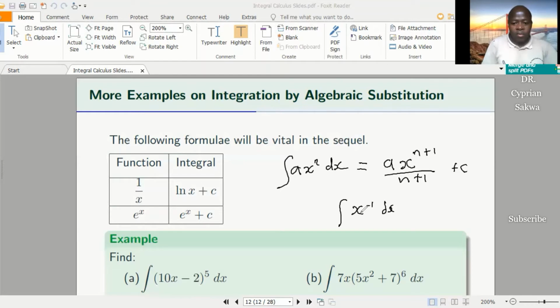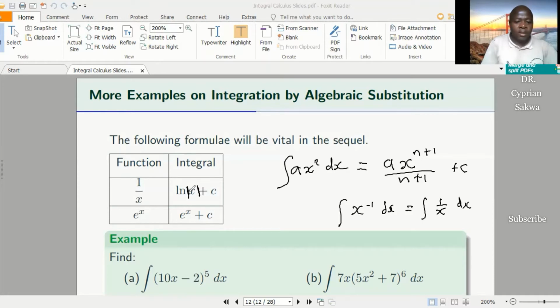So how do you do it when n is -1? This is the same as the integral of 1 over x dx. How do we integrate that? The integral of 1 over x is the natural logarithm of the absolute value of x, plus c.